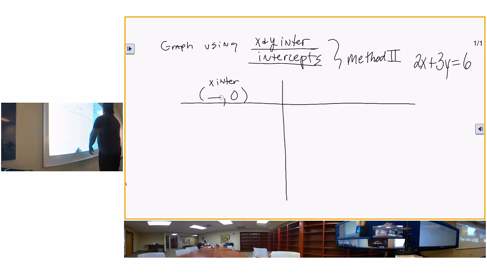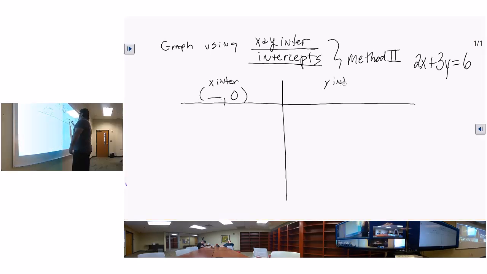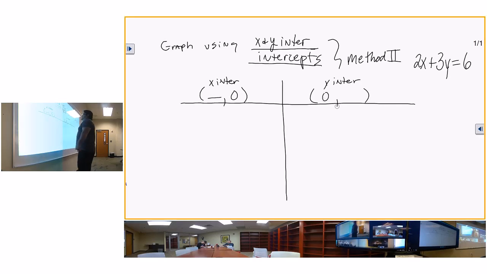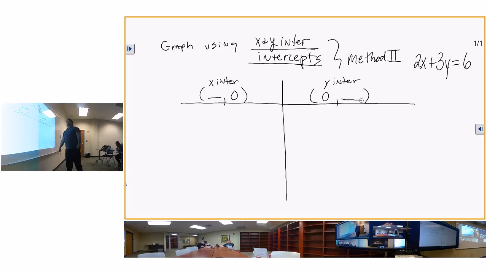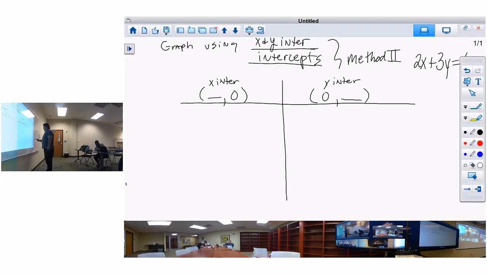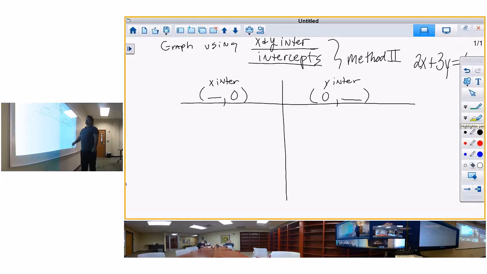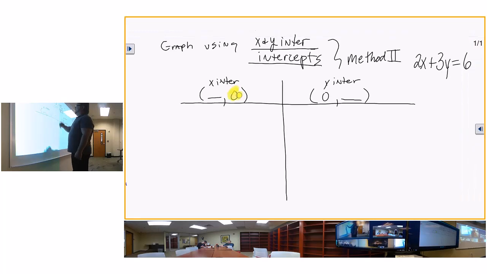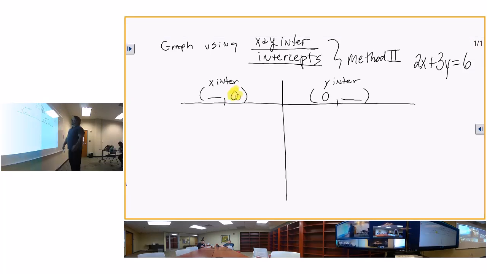And the y-intercept, 0 for x. Now there's 2 things I want you to realize here. One of them you're going to take in all your classes from here on out. Whenever you want to find the x-intercept, what do you plug in for y? 0. If you want to find the y-intercept, what do you plug in for x?